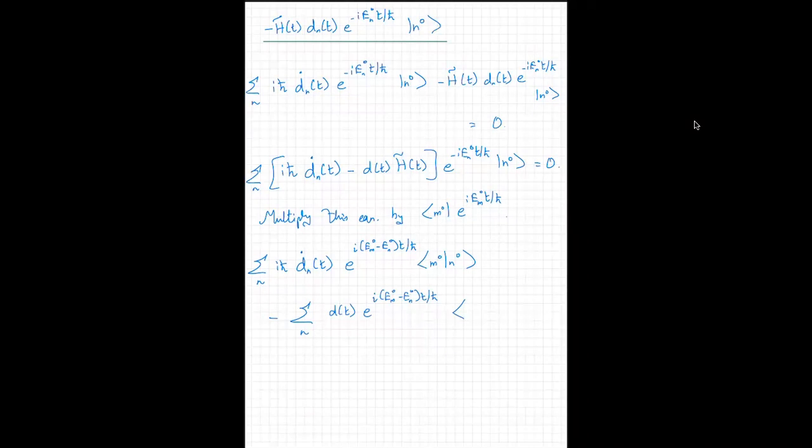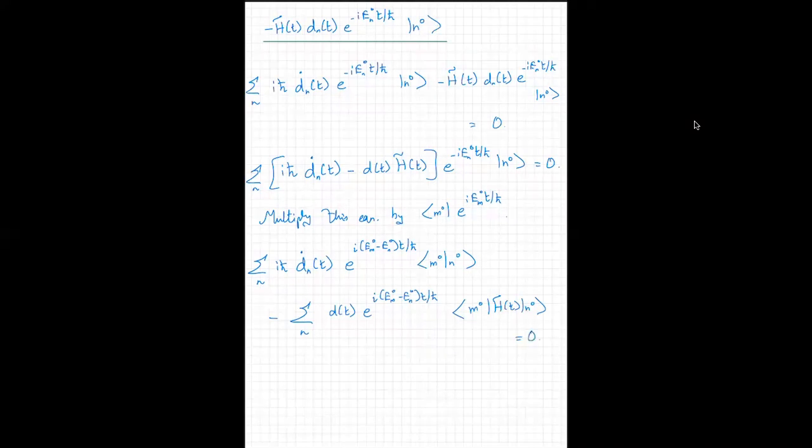Remember that the first order correction to the energy eigenvalues is basically the expectation value of the perturbation part of the Hamiltonian between unperturbed states. I'm not saying this is exactly the same, but a similar sort of structure emerges. This is ⟨m0|H tilde of t|n0⟩.